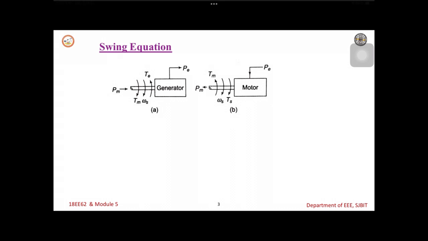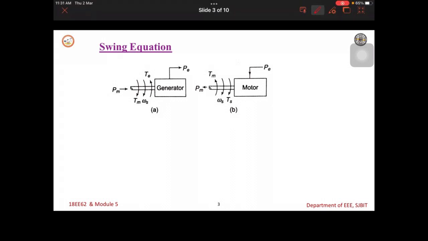So, let us take the electrical torque output Te equal to Ti. Here we have neglected any retarding torque due to rotational losses.